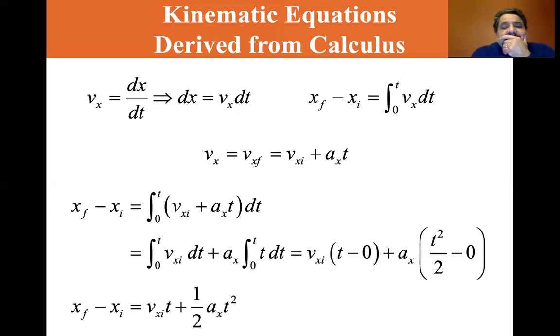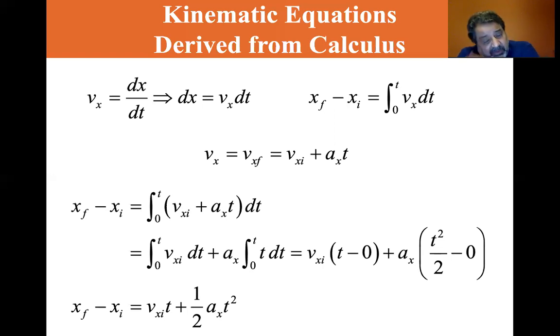Now x, if we take the integral of that right-hand side, the integral evaluated from 0 to t of Vxi plus ax t dt, well, we have to break that up into parts. So it's the integral of Vxi dt plus ax, assuming constant acceleration, ax times the integral from 0 to t of t dt.